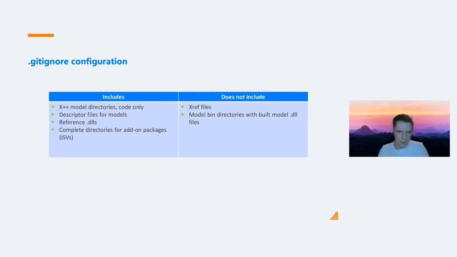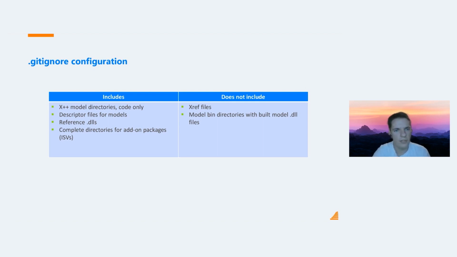Now, another important hack is the git ignore configuration. The default git ignore doesn't work with Dynamics 365 Finance and Supply Chain Management because you want to include only the X++ model directories, the code only. You don't want to include everything that's junk after building.